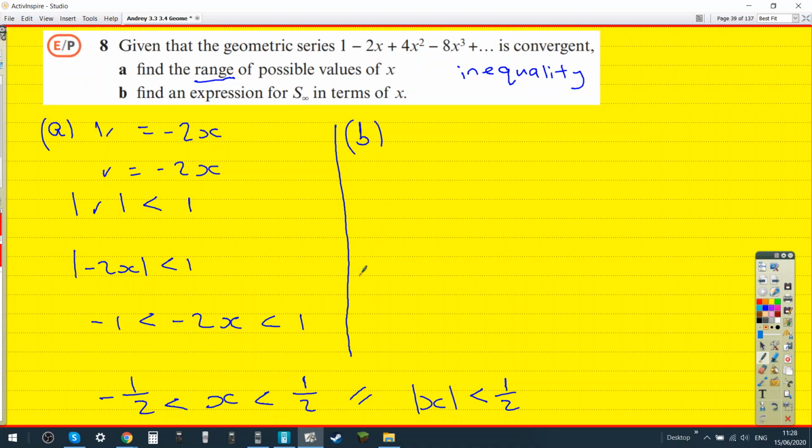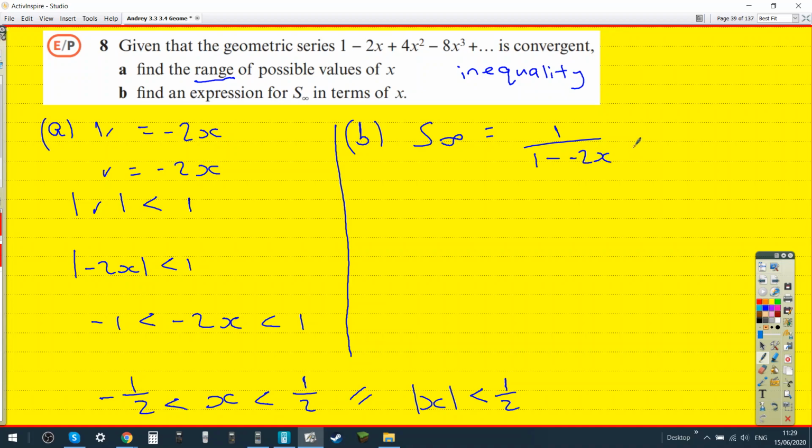So, or even, would it be 1 over 1 minus 2x?